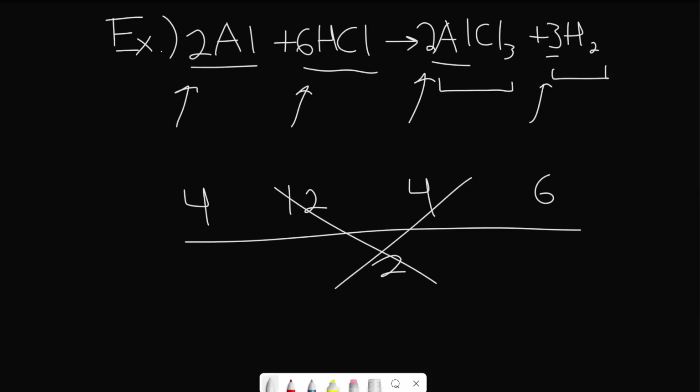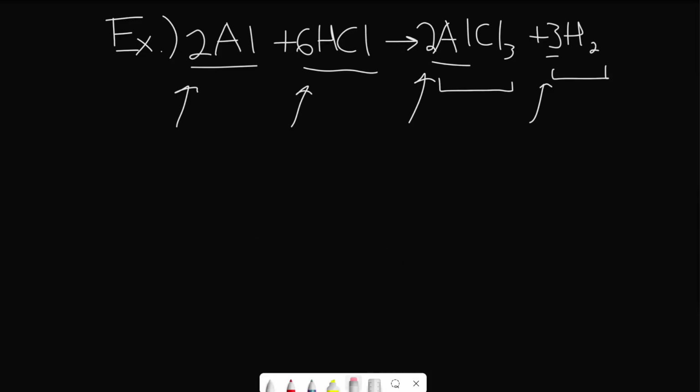But when you have 2, 6, 2, and 3, if you were to divide by 2 or 3, you would get a fraction at least once. And that would indicate to you that you have achieved the simplest possible balanced equation.